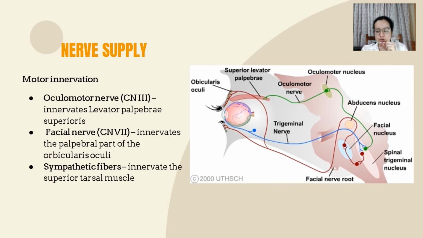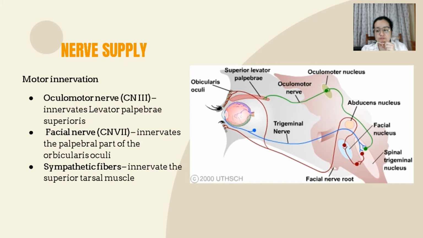So for clinical correlation, loss of innervation of the levator palpebrae superioris by the cranial nerve 3 causes an inability to open the superior eyelid voluntarily, producing a complete ptosis or falling of the upper eyelid.